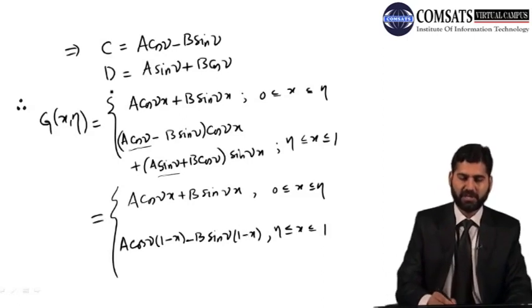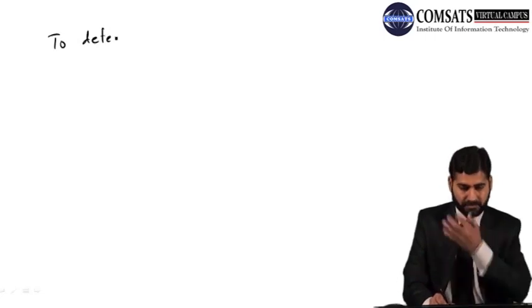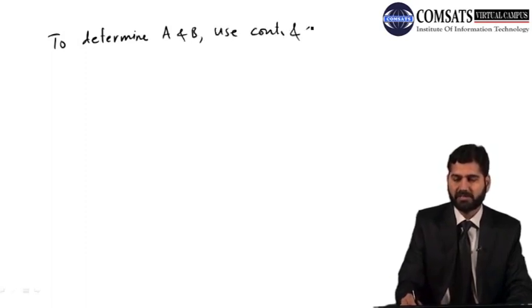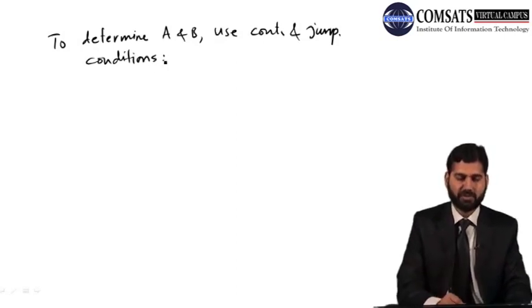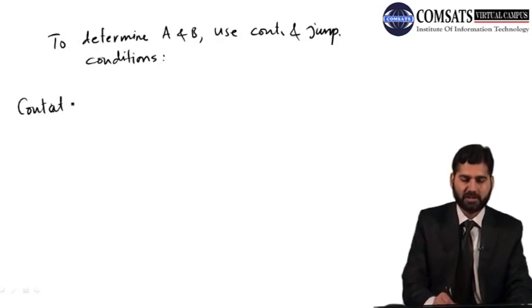So now use continuity to determine A and B, use continuity and jump conditions one by one. Right? So first we used boundary conditions. So we converted 4 to 2, and now I need 2 more conditions. So continuity at x is equal to eta.